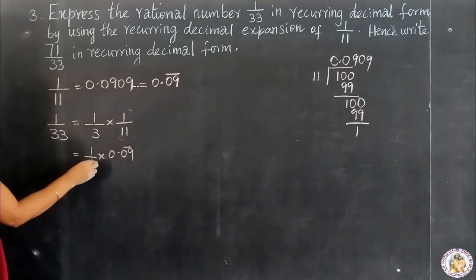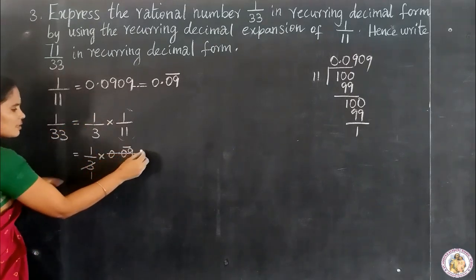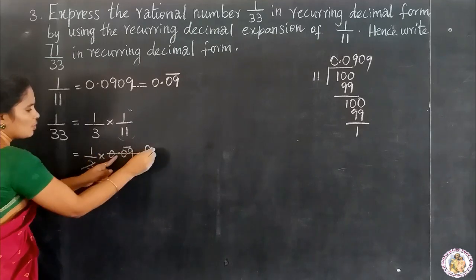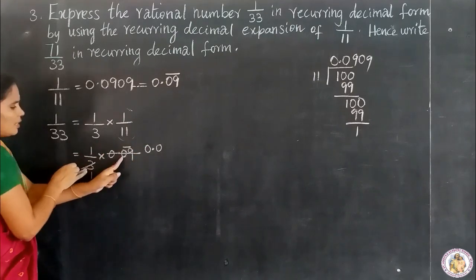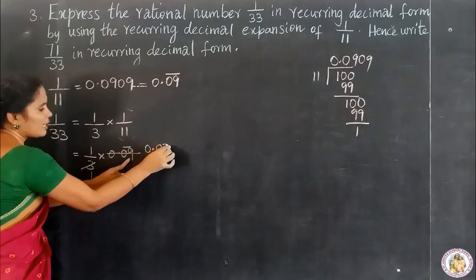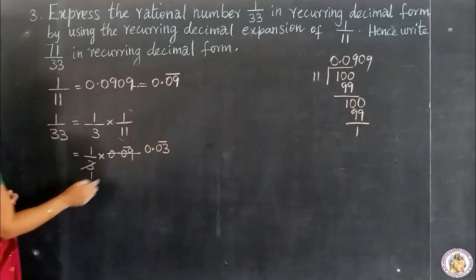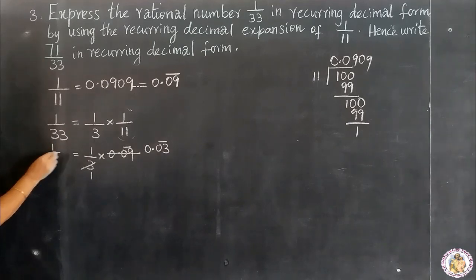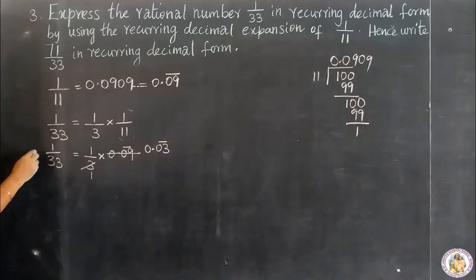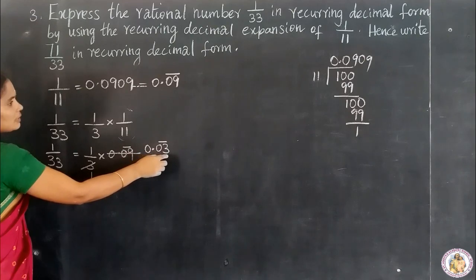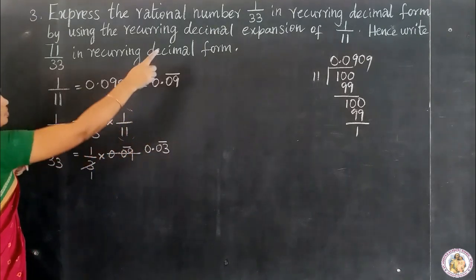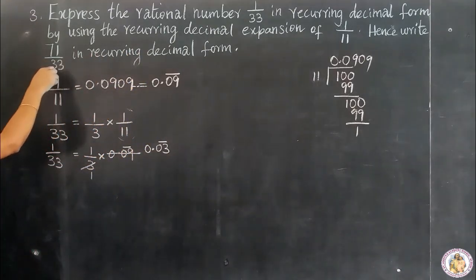Okay. So 3 ones are 3, 3 threes are 9. So 0.03. Okay. So 1 by 33 is equal to 0.03 bar.